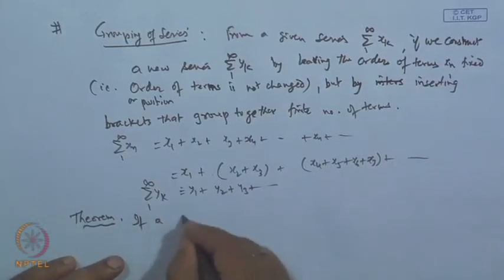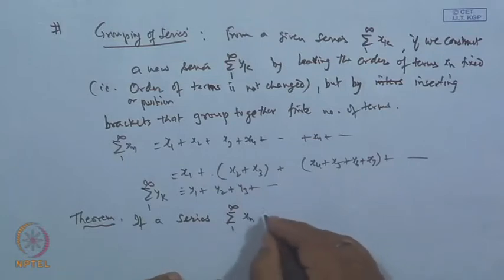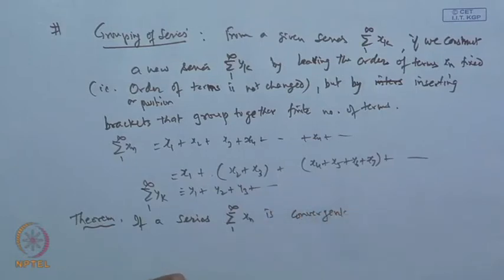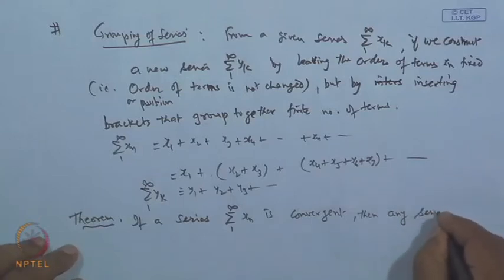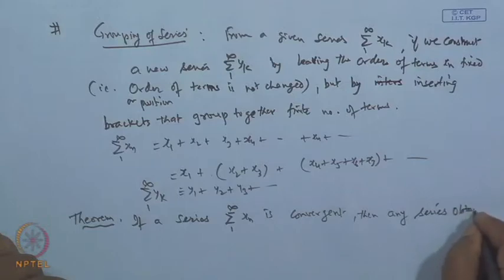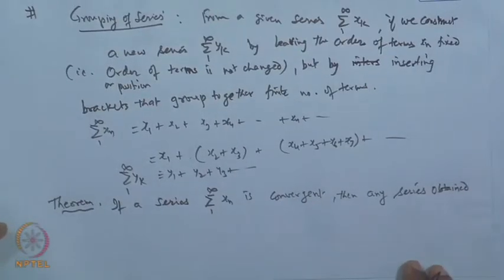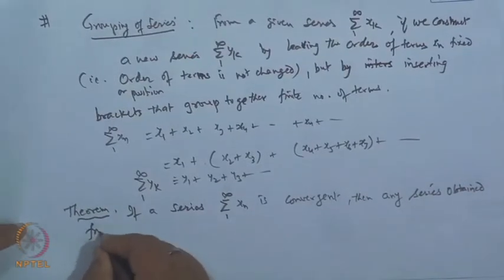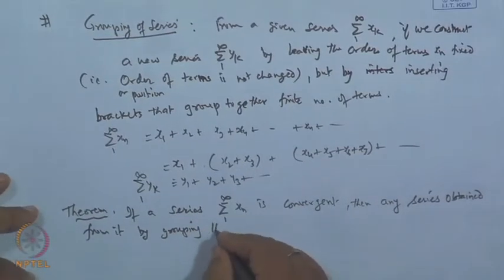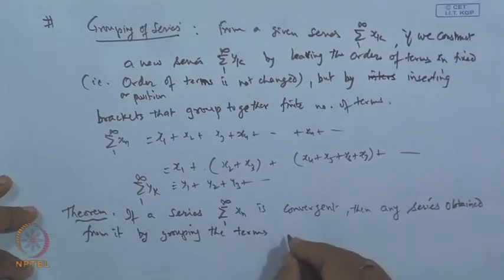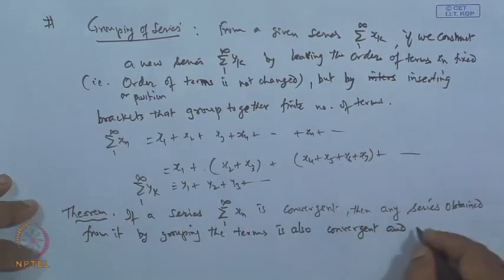if a series sigma x n, n from 1 to infinity, is convergent, then any series obtained from it by grouping the terms is also convergent, and to the same value.